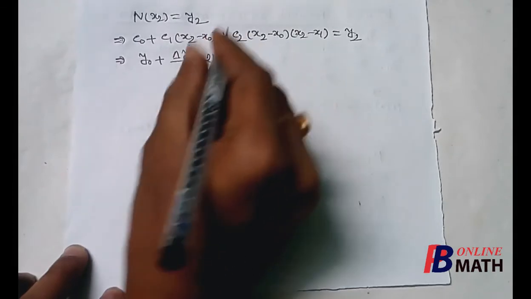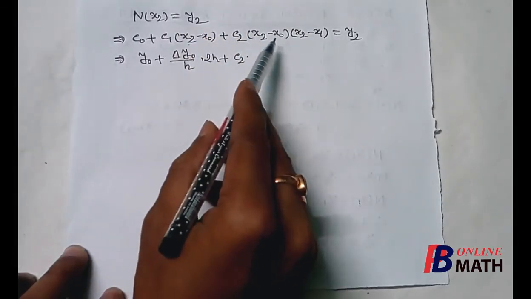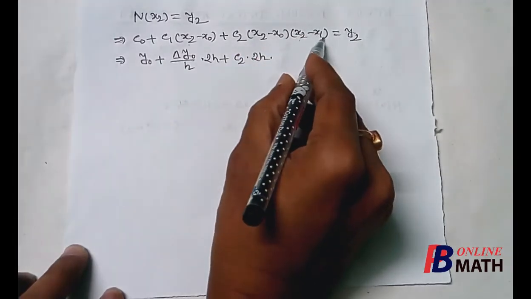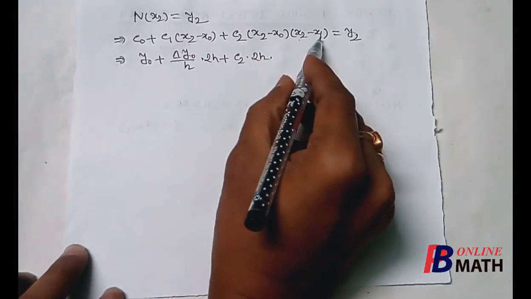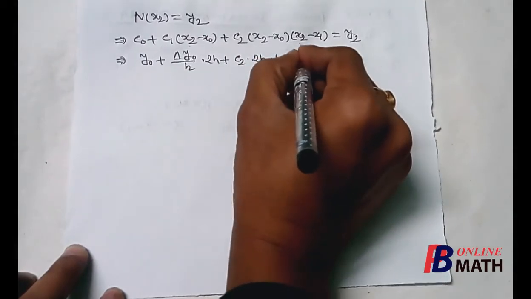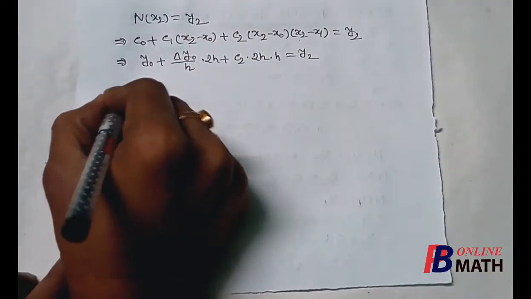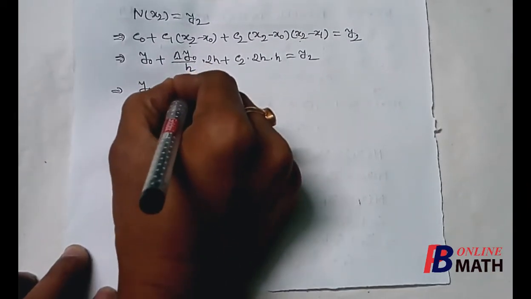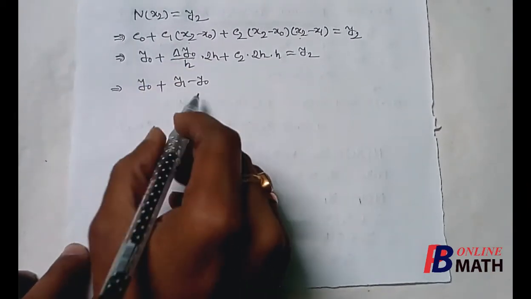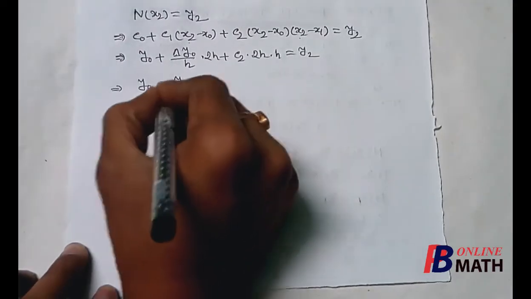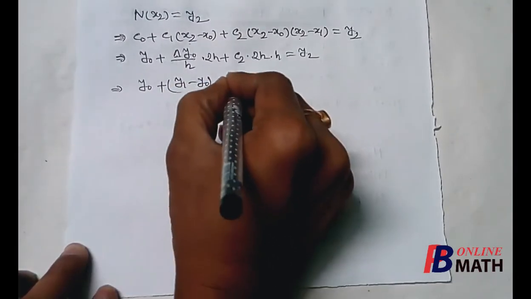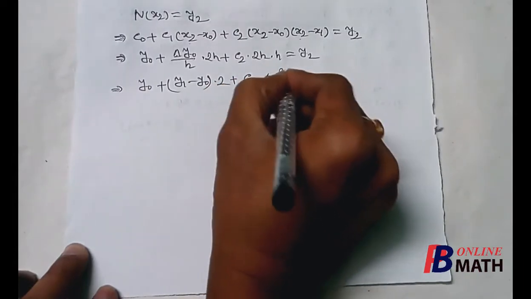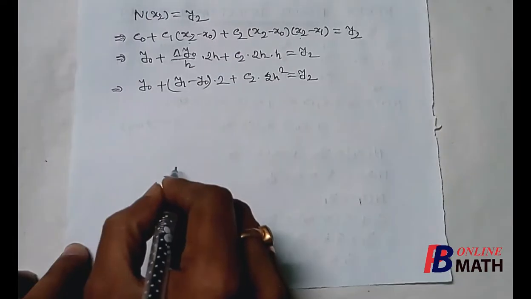Plus c2, which is unknown and which we shall find here, into (x2 minus x0), equal to 2h, and then (x2 minus x1), the distance between two consecutive points, which is h, and that is equal to y2. Now it is y0 plus, now delta y0 equals y1 minus y0, and if we cancel out this h, then we get multiplied by 2, plus c2 into 2h square, equal to y2.